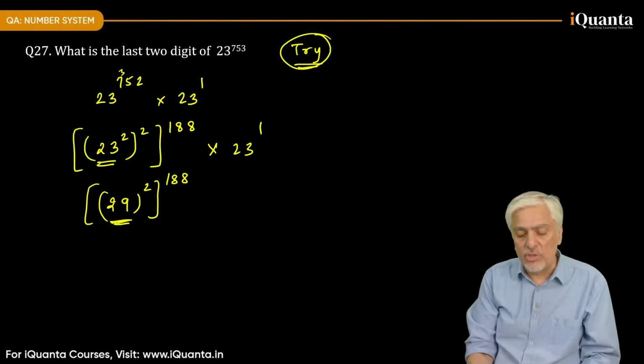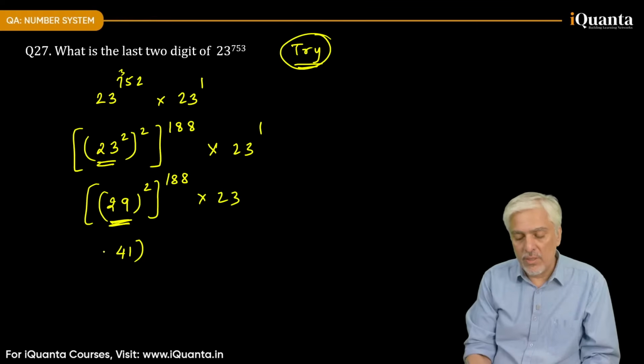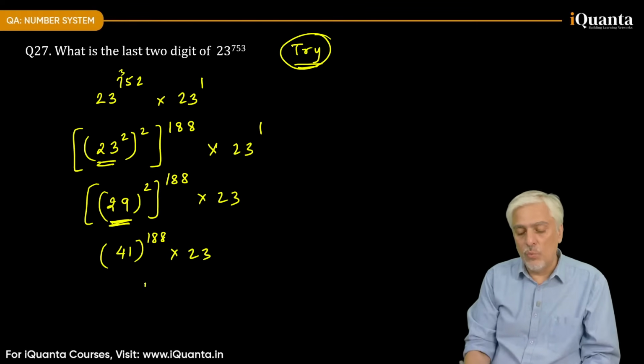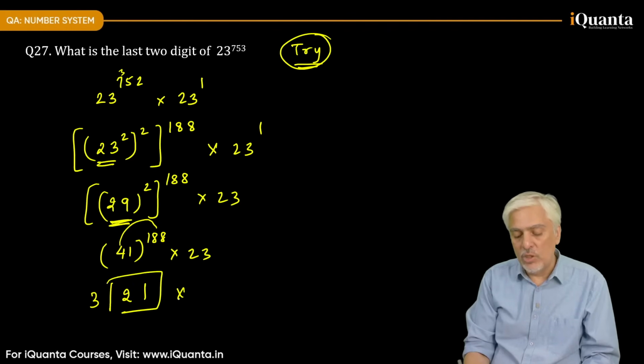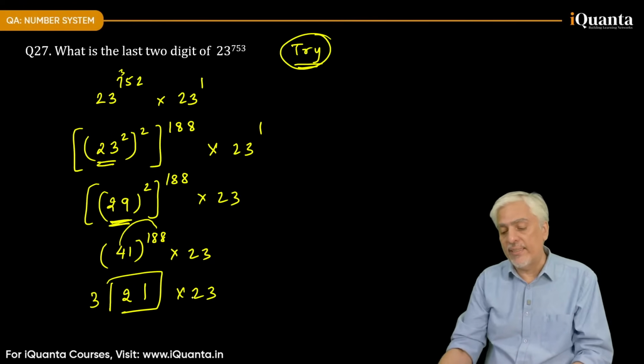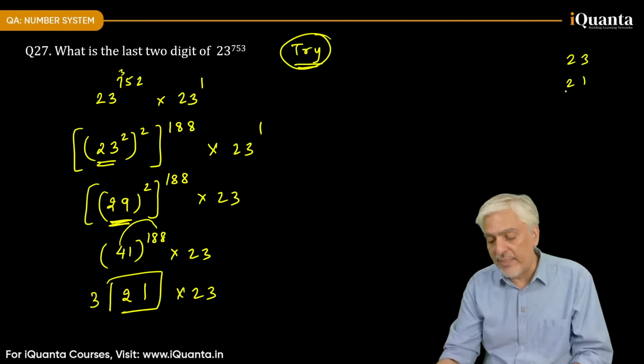Answer will be last two digits will be 41. 41 raised to 188 into 23. 1 as it is. 4 8s are 32. तो मुझे सिर्फ 21 आएगा. 21 into 23 मैन्युअली करना है. 23 into 21. 21 3s are 63, 6 carry. 42 plus 6, 48. 83.